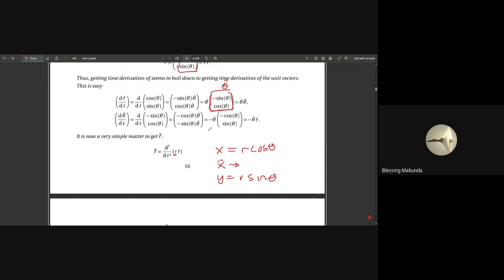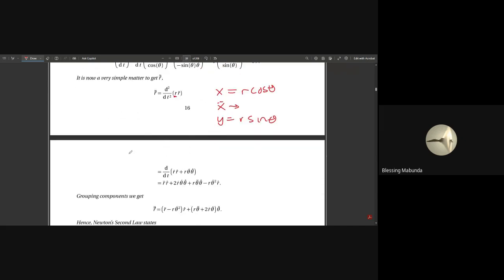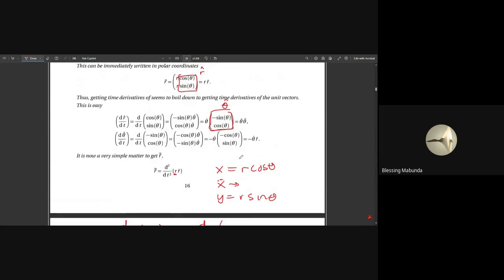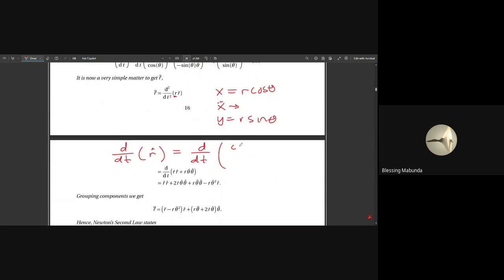To give you a quick example, if we do d dt of r hat, where r hat was cosine theta, sine theta, this is minus theta dot sine theta, theta dot cosine theta.